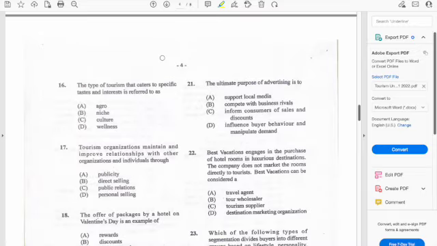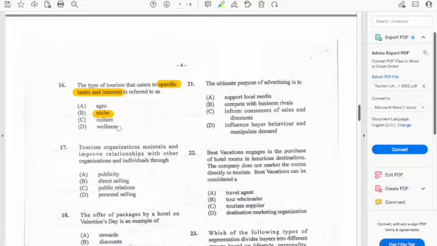Now, the type of tourism that caters to specific tastes and interests is referred to as niche. The words are specific tastes and interests, right?